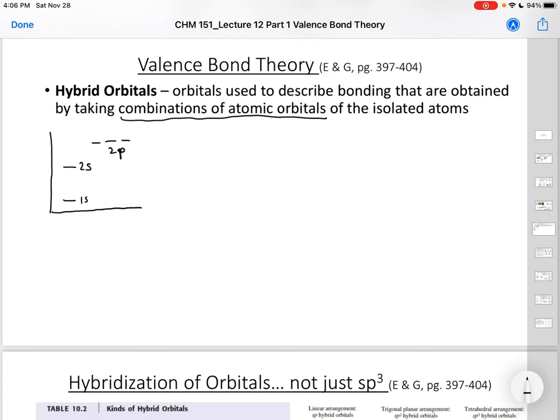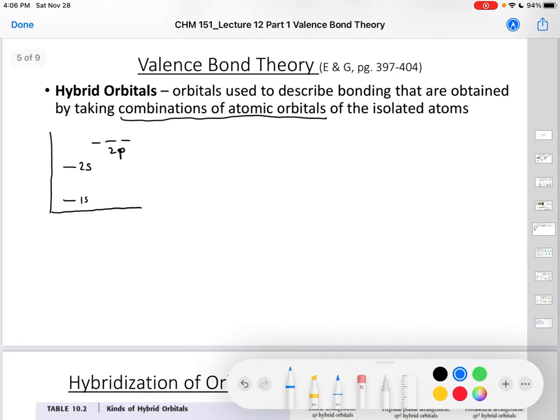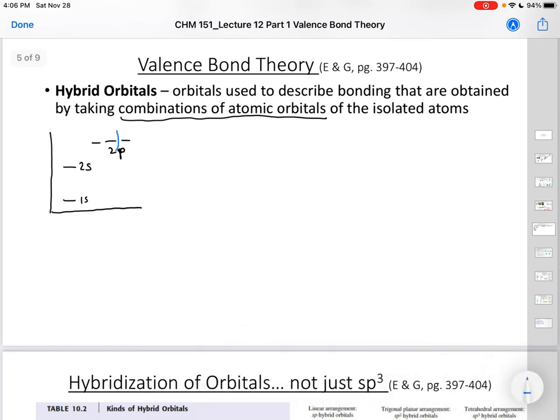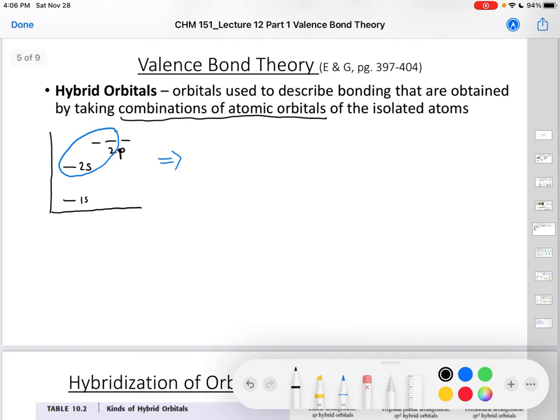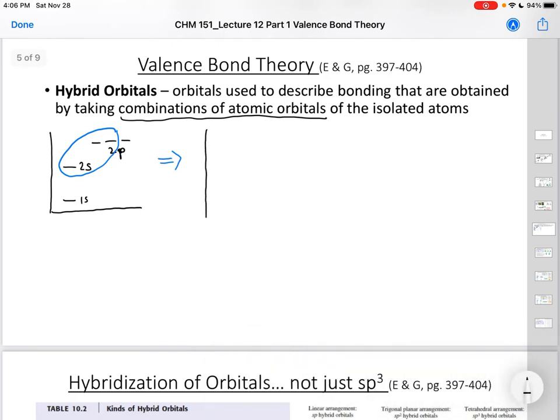If I took, instead of 3 p's, only 2 of them, and I hybridized, then again my 1s remains unchanged, it's not hybridized, and it is not involved in bonding. Then I get out, and remember, the number I mix is the number I get out.